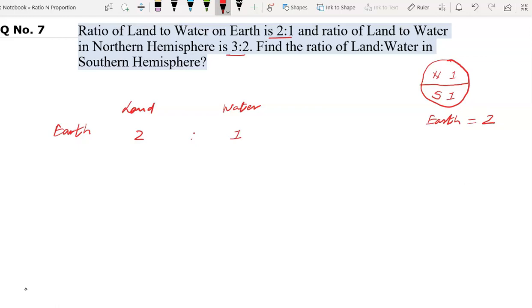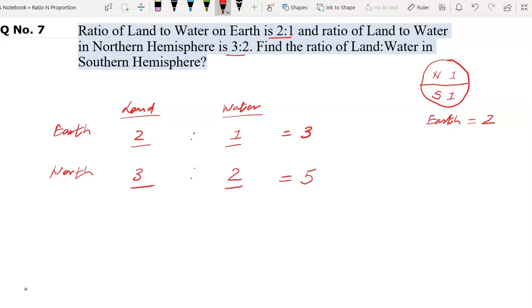And in northern hemisphere, in north, land to water ratio is how much? 3:2. So we will add 2 plus 1. 2 plus 1 is 3. 3 plus 2 is 5.